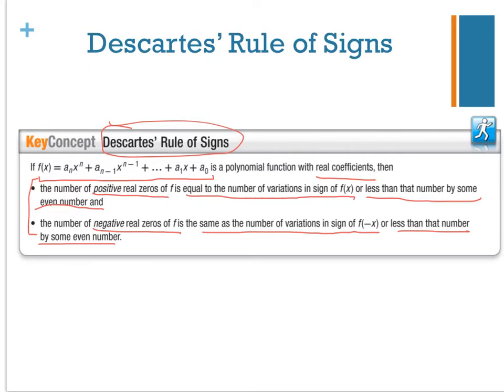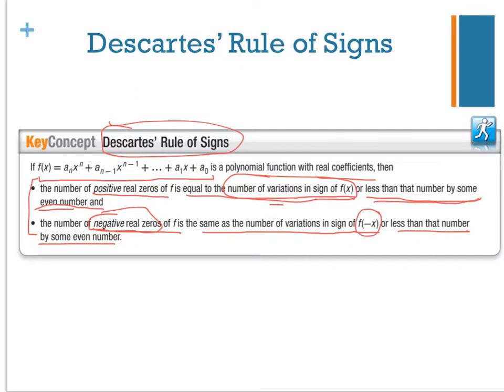So we're going to go ahead and look at this. For the positive real zeros, we look at the number of variations in sign of the original function, and then we can decrease that number by some even number. The number of negative real zeros of the function is the same as the number of variations in sign for f of negative x.